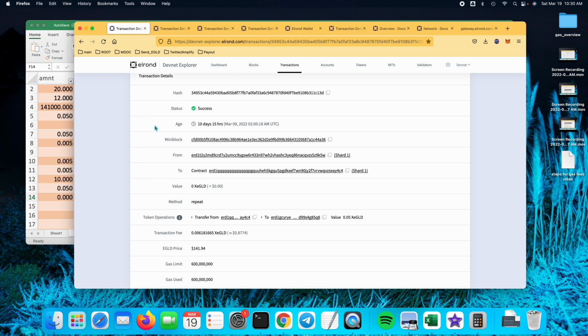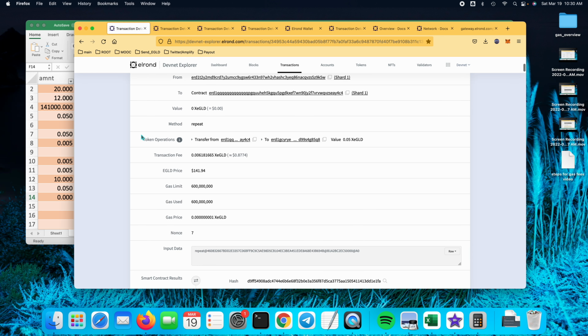We have a successful status, the age. Let's get on down to something relevant. So the first thing to take note of is this transaction fee. It's going to tell you about what it cost you here. And sometimes that will be in relation to the gas used based on a gas price, and sometimes it is not.